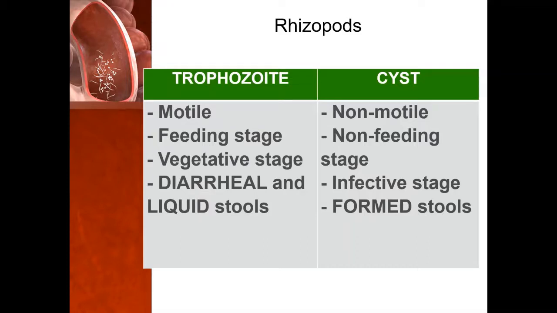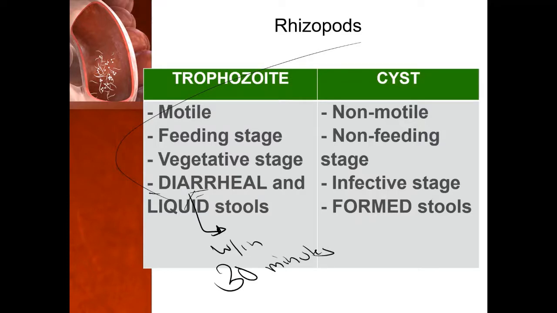Trophozoite is present in diarrheal and liquid stools, while the cyst is in formed stools. So basically, trophozoites should be assessed within 30 minutes.